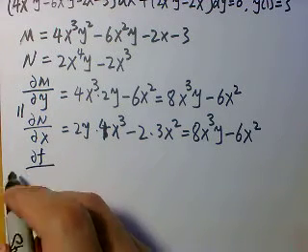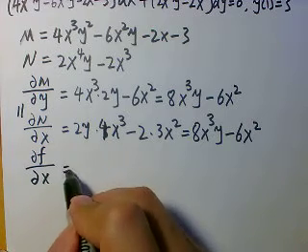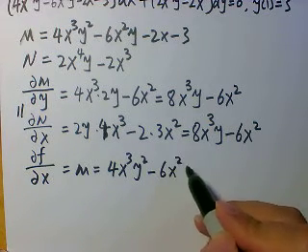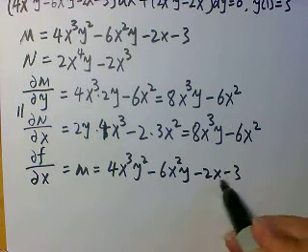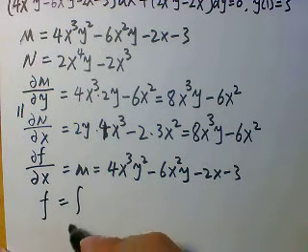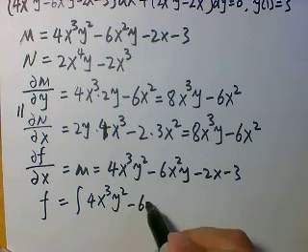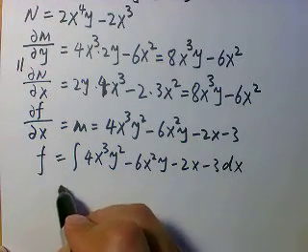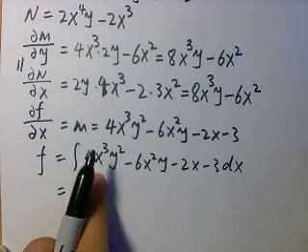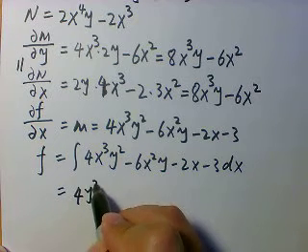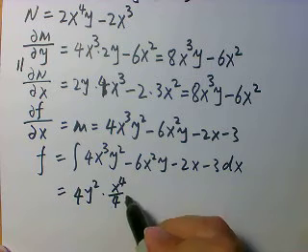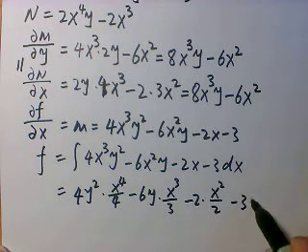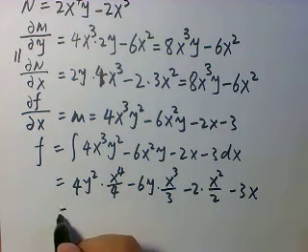Partial f over partial x equals M. So basically we're gonna integrate 4x cubed y squared minus 6x squared y minus 2x minus 3 with respect to x, using the power rule. Okay, and then we can simplify it.